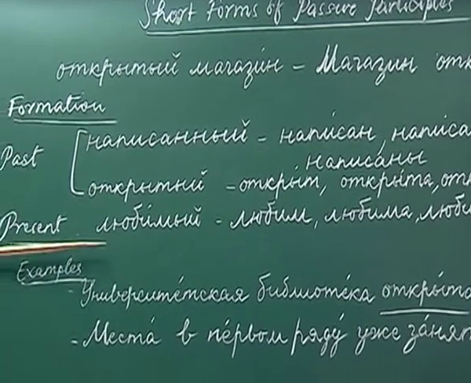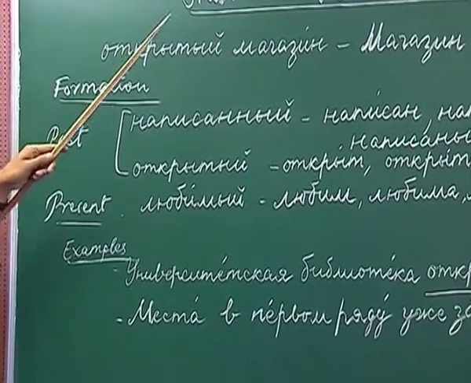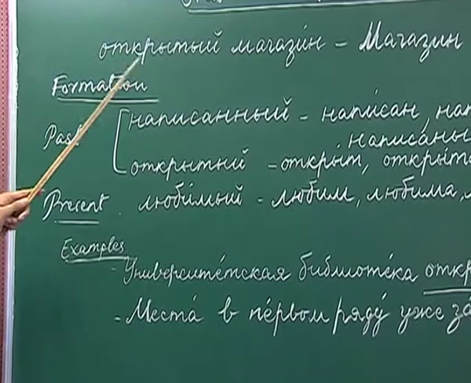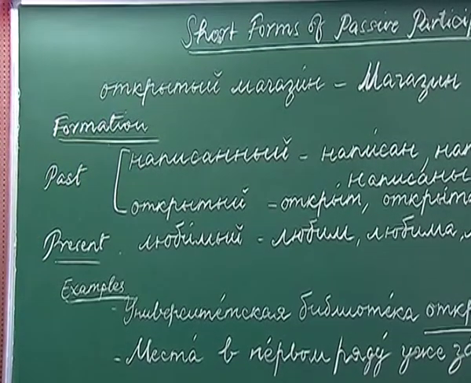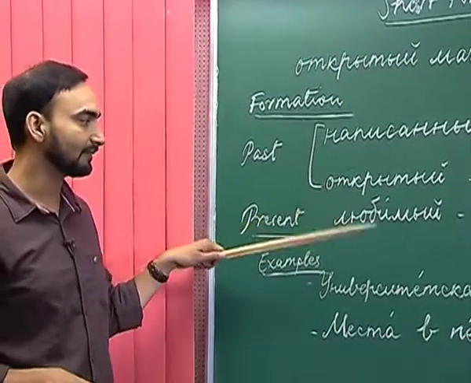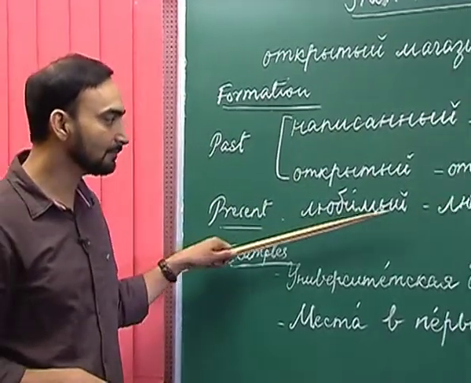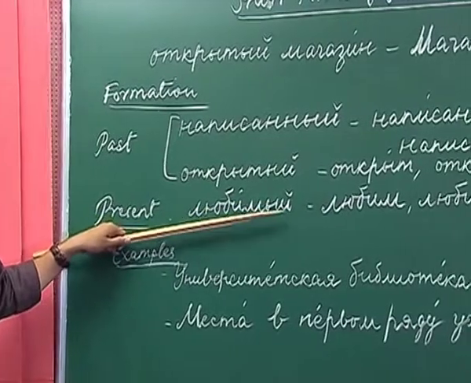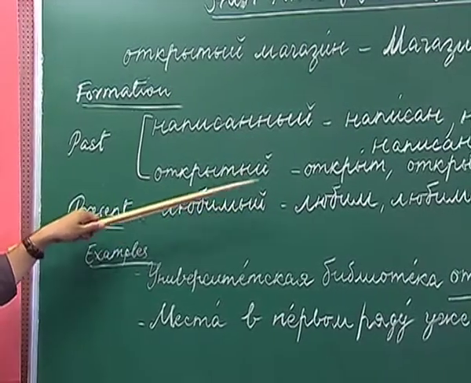I have already told you that the short forms of passive participles are also derived from the present participle passive. For example, любимый is the present participle passive.